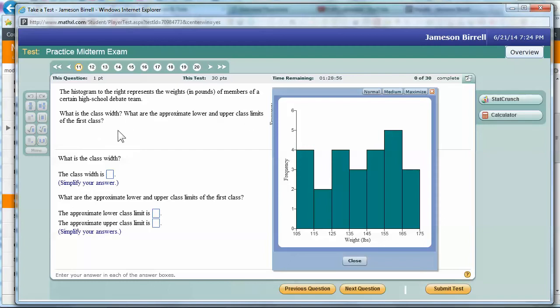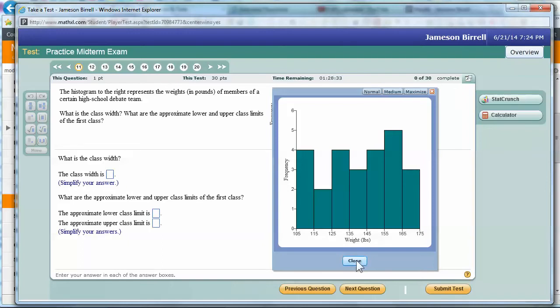And from there on out, we can pretty much get the rest. So the class width, well, we see that we go from 105 to 115, and since we can find the difference between two lower class limits, and that is the same thing as finding the class width, we know that the class width must be 10.